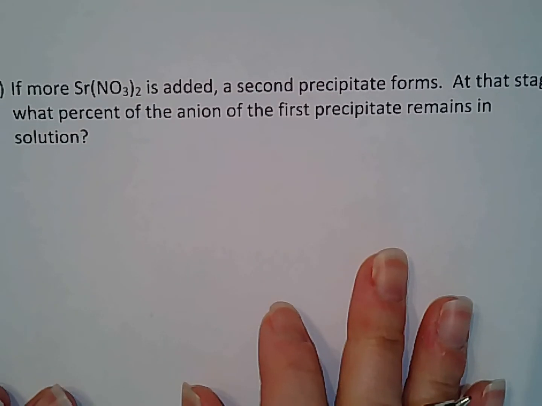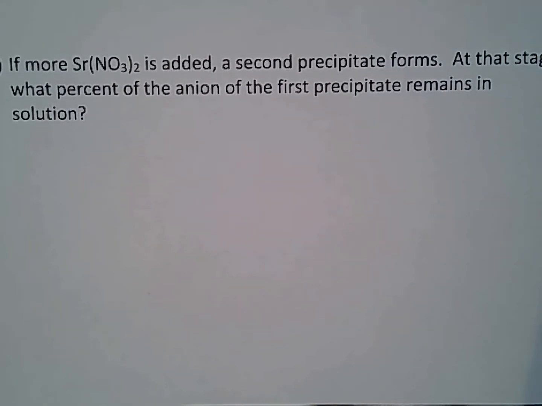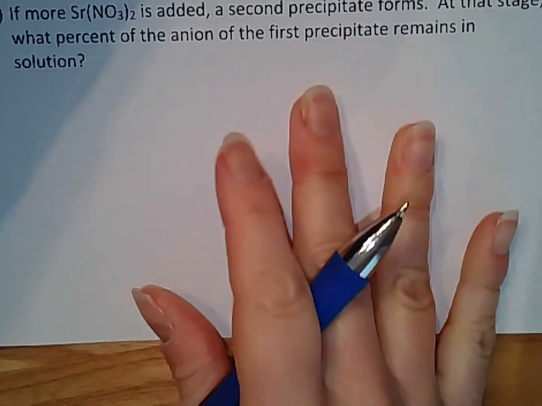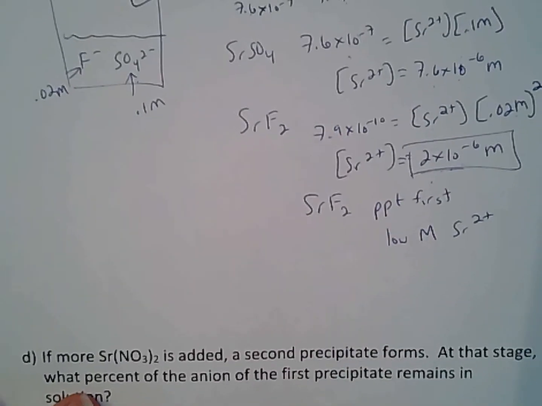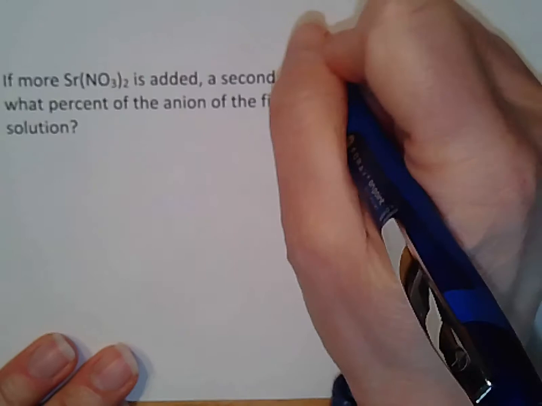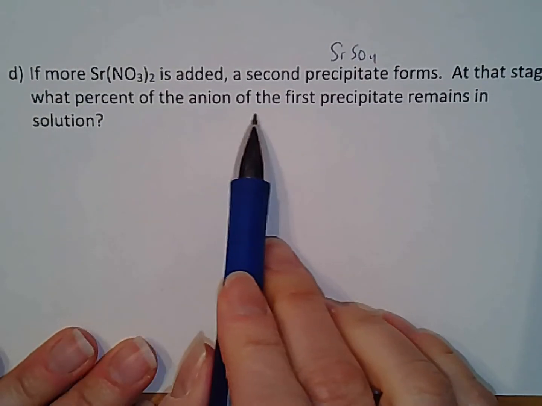So this is the most complicated of all of these. If more strontium nitrate is added, a second precipitate forms. So again, we know now that the second precipitate is going to be the strontium sulfate. At that stage, what percent of the anion of the first precipitate remains in solution?